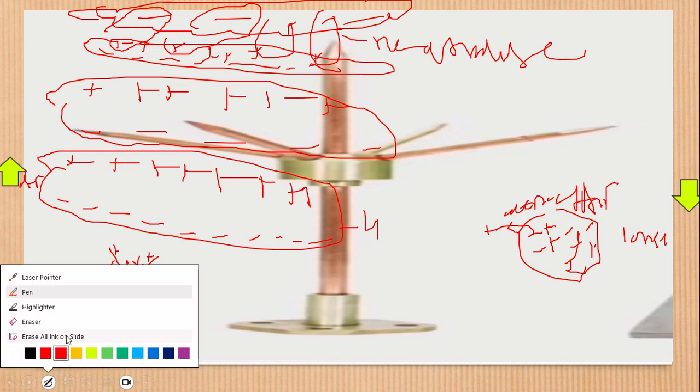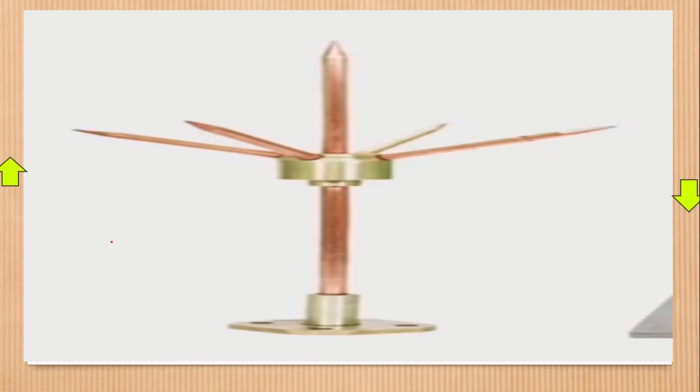Anyway, let's go and see that in writing straight away without wasting time.